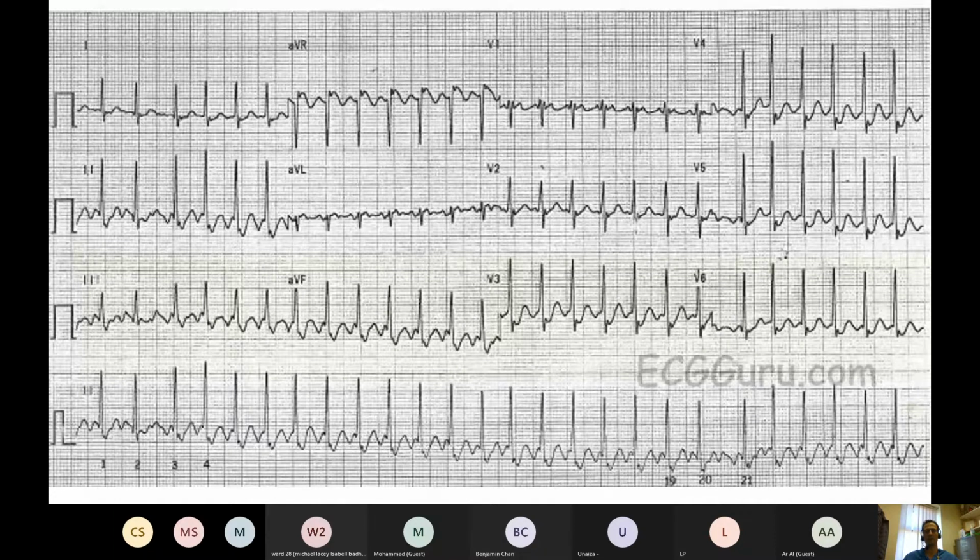So narrow complex tachycardia, to point out that these are narrow QRS complexes, is my preferred term for this sort of thing if you're giving an umbrella term. But of the various possible causes of supraventricular tachycardia, what do we think this is?